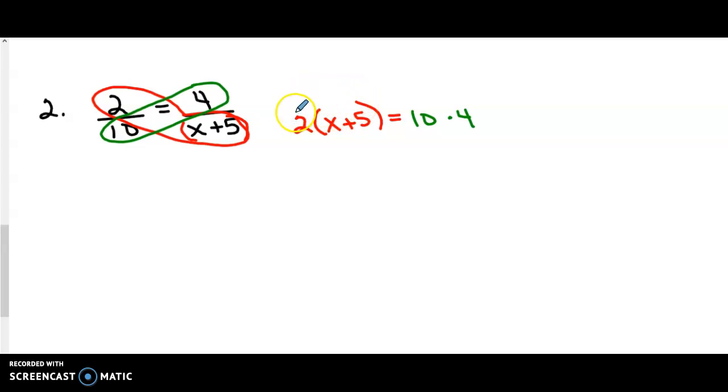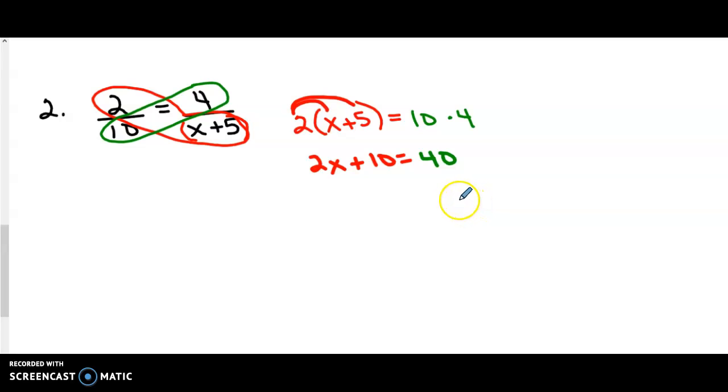So 2 is going to say hi and multiply to x. 2 times x is 2x. 2 is going to say hi and multiply to 5. So that 5 is positive, so 2 times positive 5 equals plus 10. And then we're just going to simplify. 10 times 4 is 40.